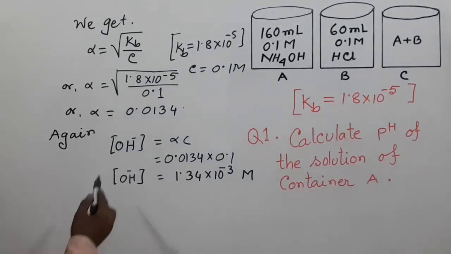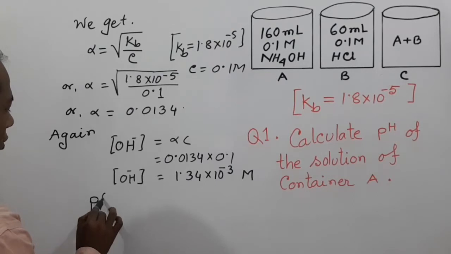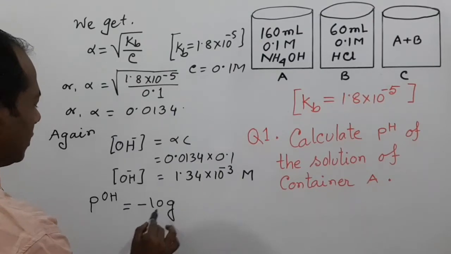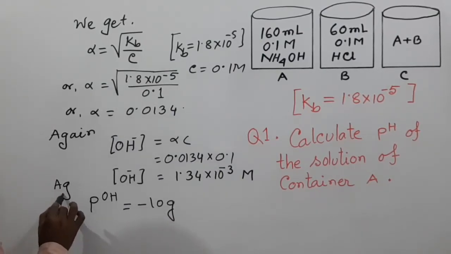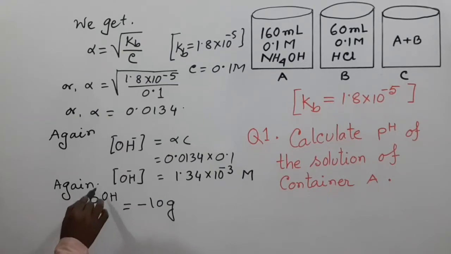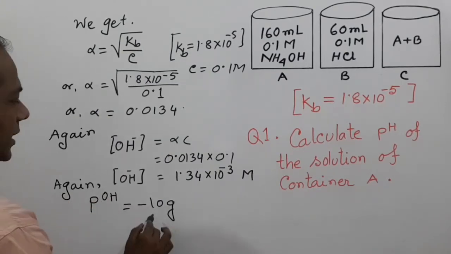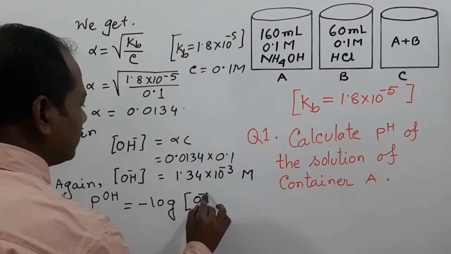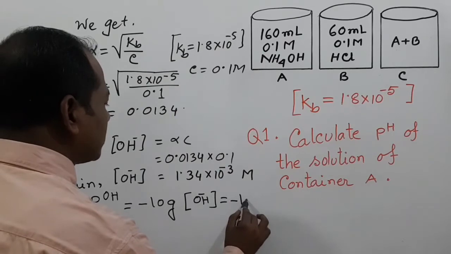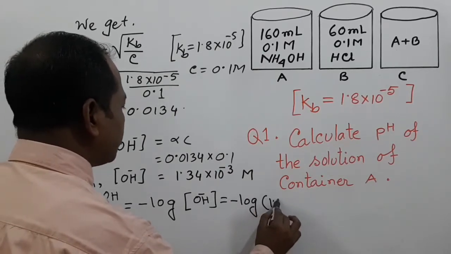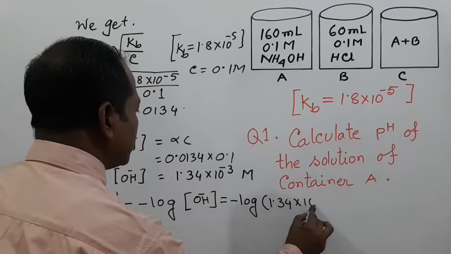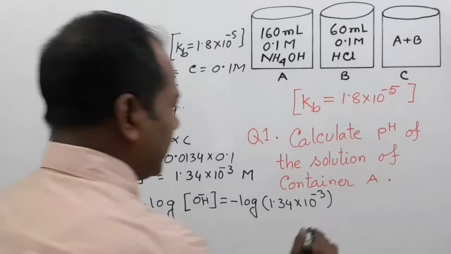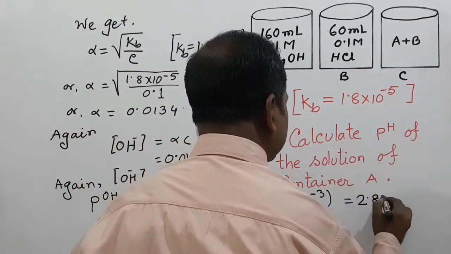Now, my dear students, for a base we get pOH equals minus log of the molar concentration of hydroxyl ion, that is minus log of 1.34 into 10 to the power minus 3, and we get the value 2.87.